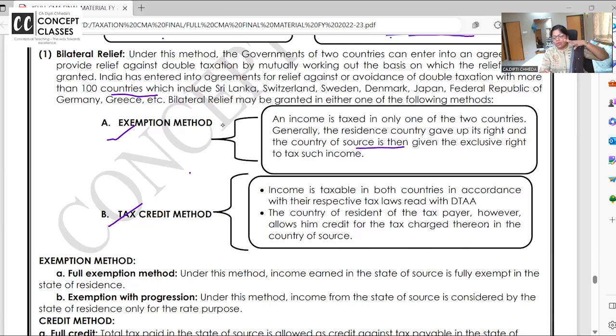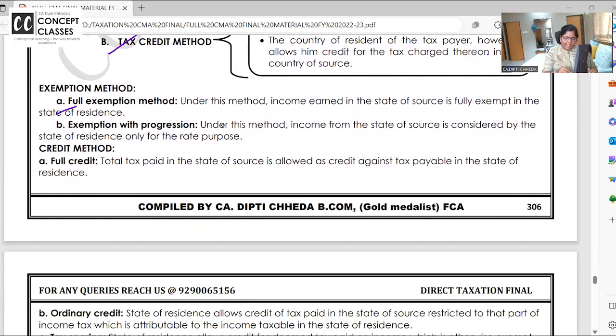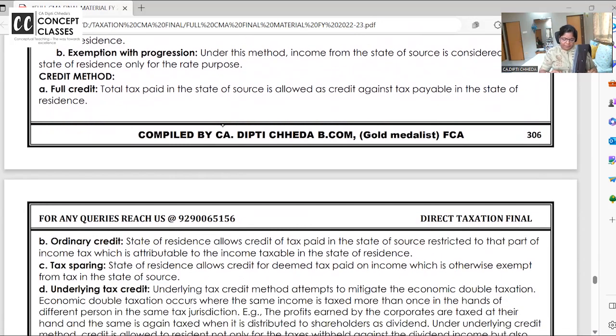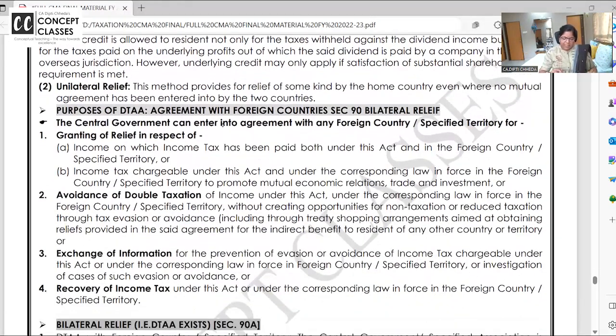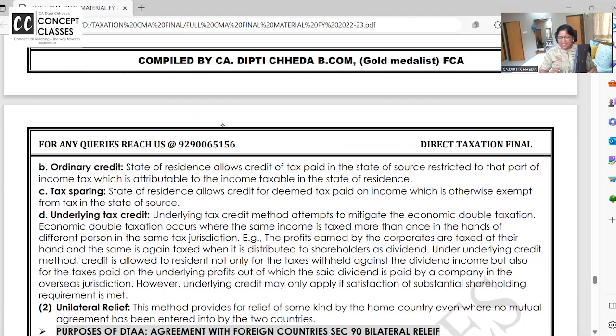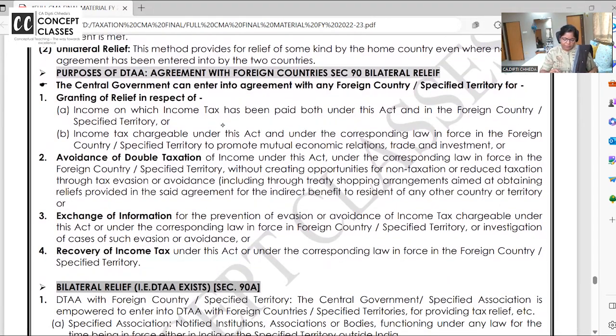So if I am an ordinarily resident of India, Hyderabad, but I have earned some income from giving lectures in an African country and paid tax there, India will completely exempt it and not tax this income. In the credit method, you can take the credit. I have given all these methods because they are there, but if you feel there is no need to read them, I will check and discuss tomorrow.